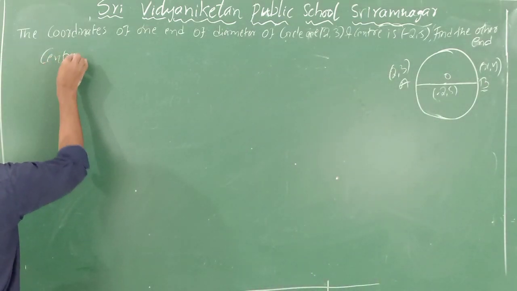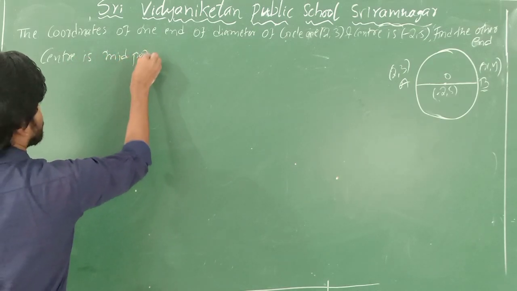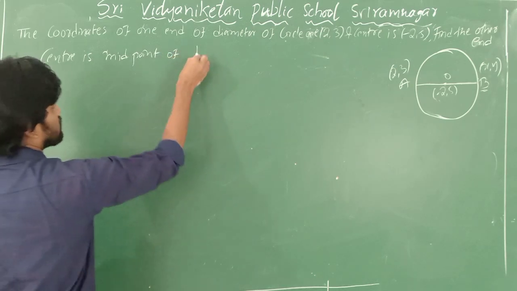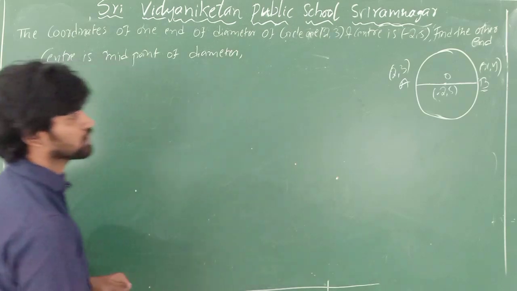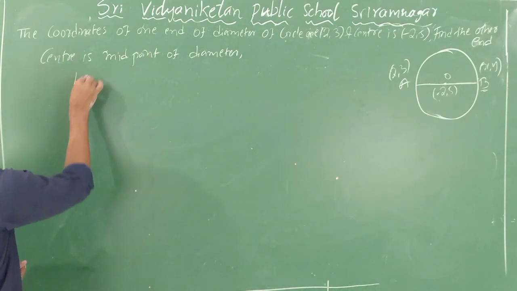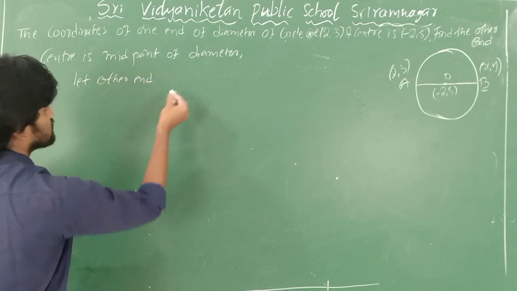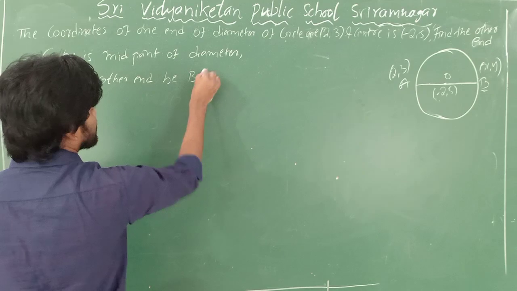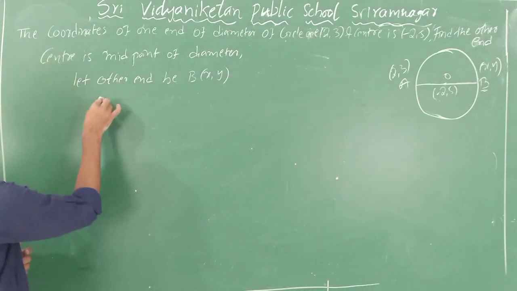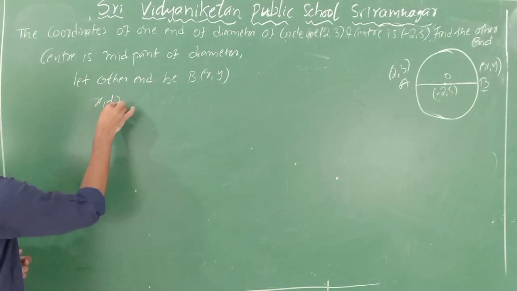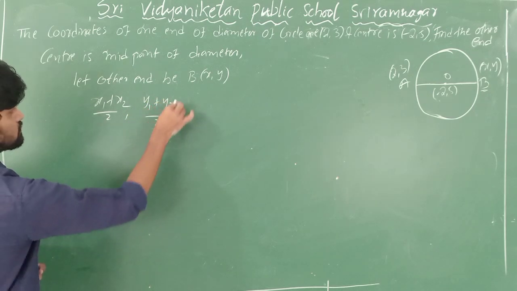The center is the midpoint of the diameter. Let the other end be x, y. Directly use the midpoint formula. What is the midpoint? x1 plus x2 by 2, y1 plus y2 by 2.